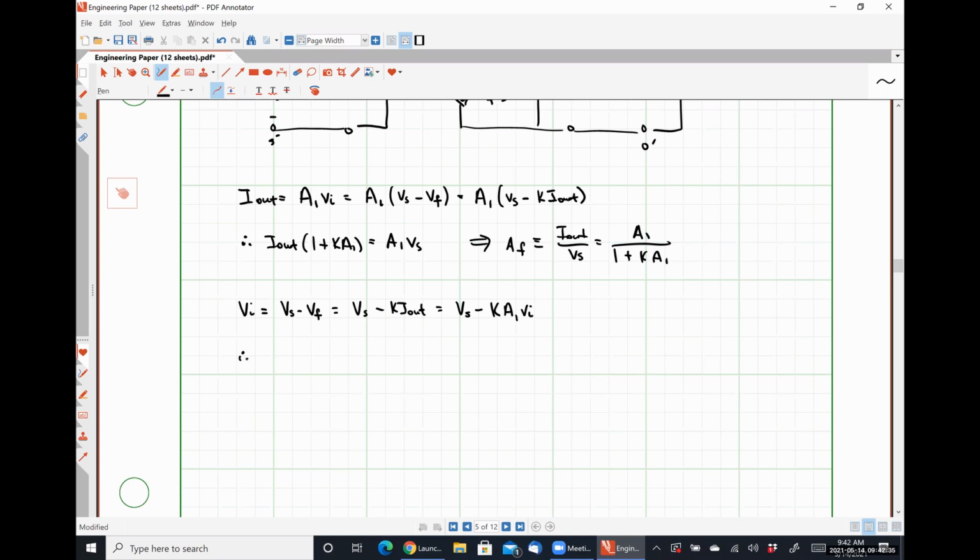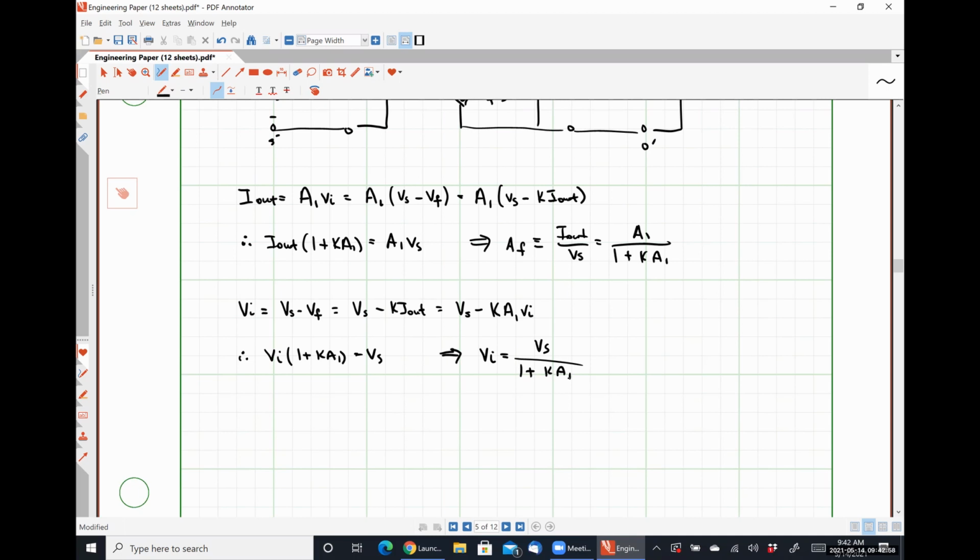Therefore, VI times (1 + K·A1) is equal to VS, which means that our error signal VI is simply VS divided by our amount of feedback.